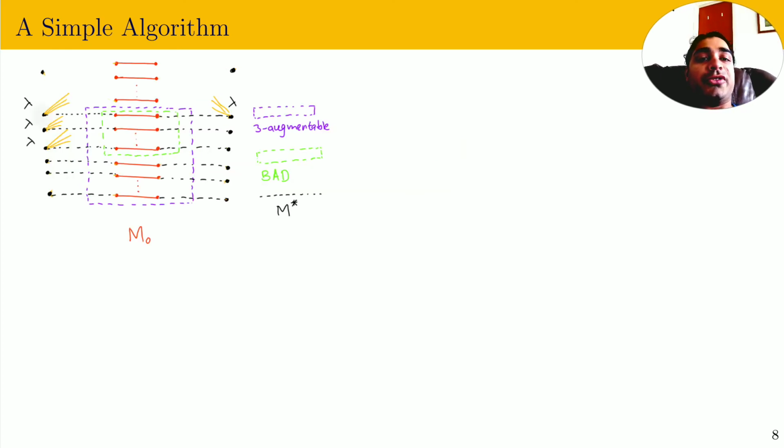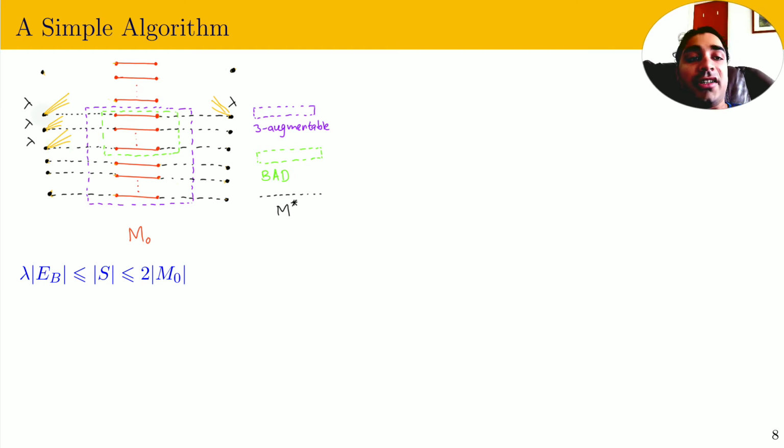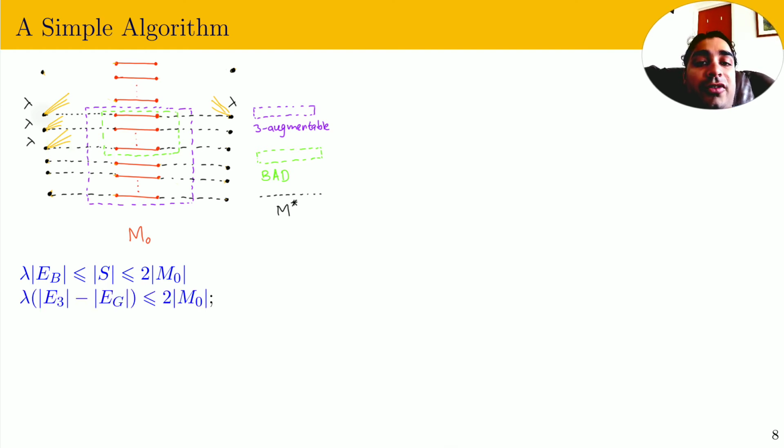So this gives us a lower bound on the set of support edges. I'm just reducing the size of the figure because I want to analyze it below. So this gave us a lower bound on the size of the support edges set, which is lambda times the number of bad edges, and there is a trivial, very loose upper bound, which is 2 times size of M0, because each M0 edge can have at most one support edge incident to it. Now using the fact that size of EB is size of E3 minus size of EG, we get the next step.